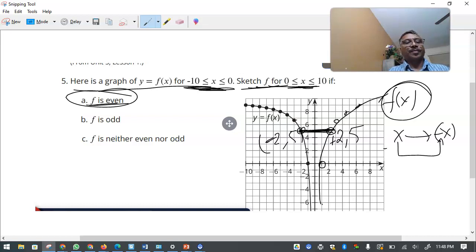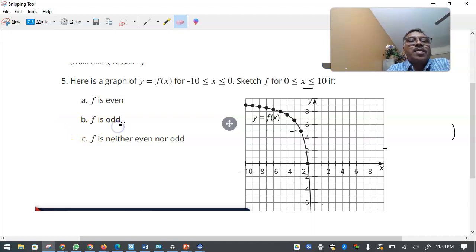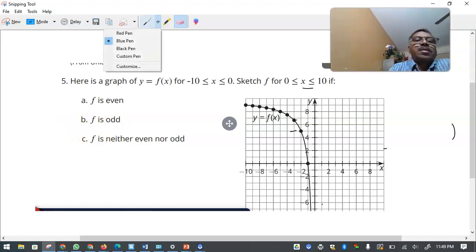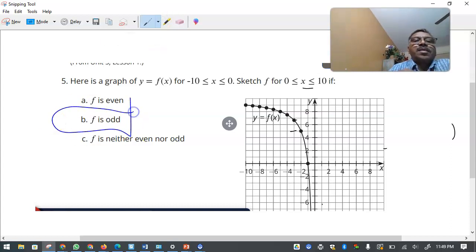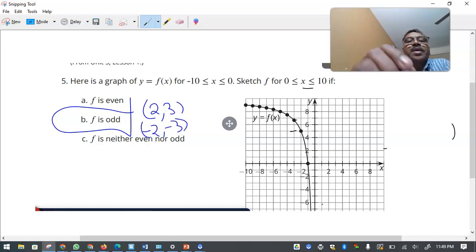That's what they're asking us. Now if I want to have an odd function, what is the meaning of odd? It means if I have, let's see, 2 and 3, then minus 2 and minus 3 also should be a point of the graph.